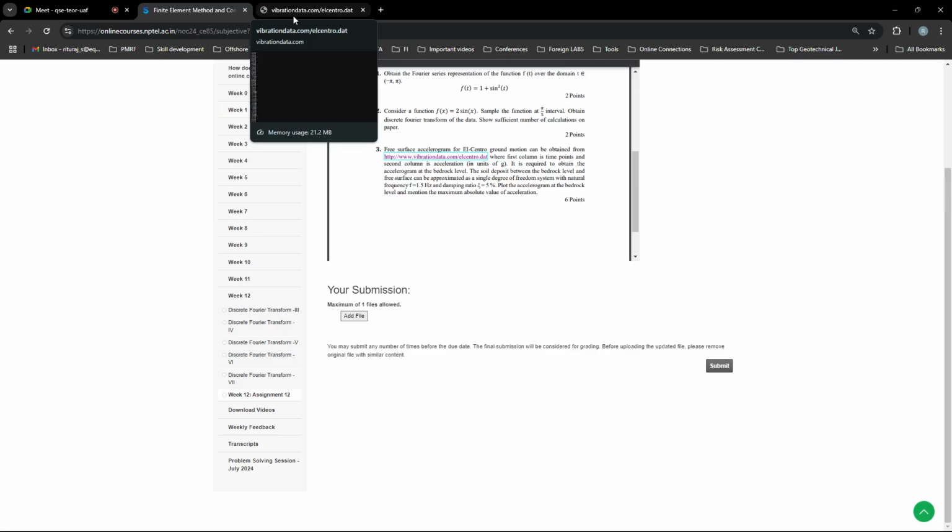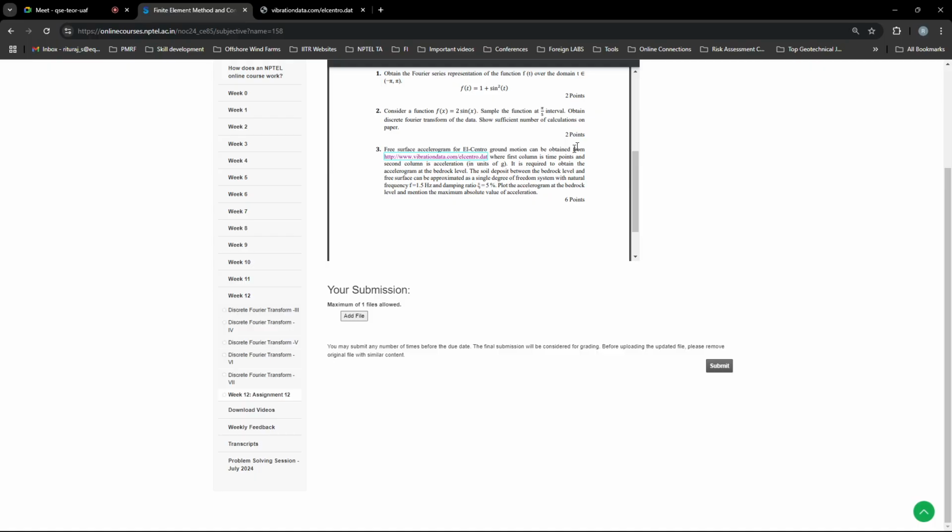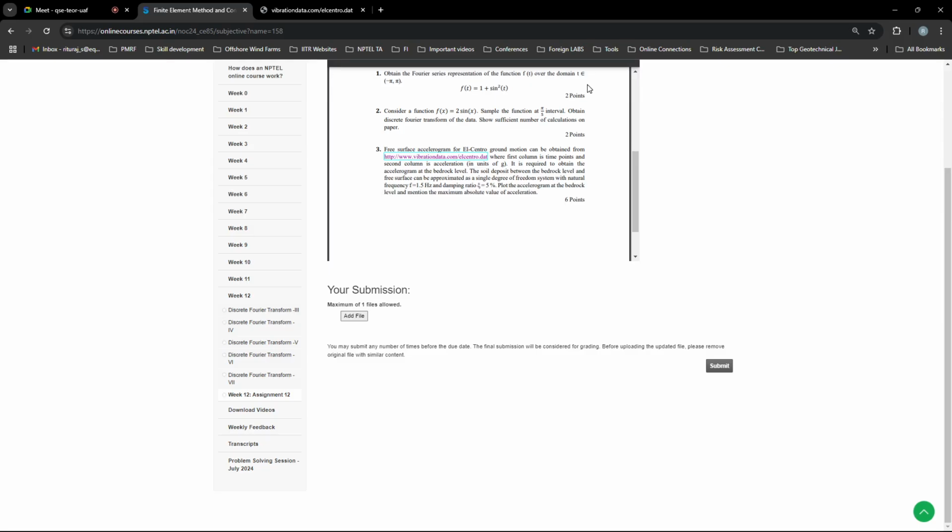I'll just check what the relations are as covered. Plot the accelerogram at the bedrock level, and the free surface can be approximated with the natural frequency and damping ratio xi equals 5%. You need to plot the accelerogram at the bedrock level and mention the maximum absolute value of acceleration.